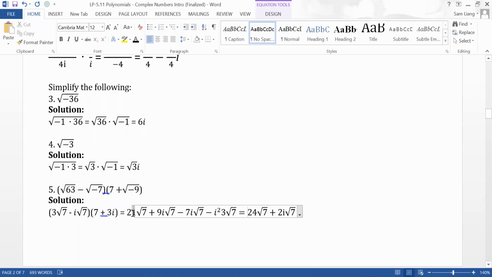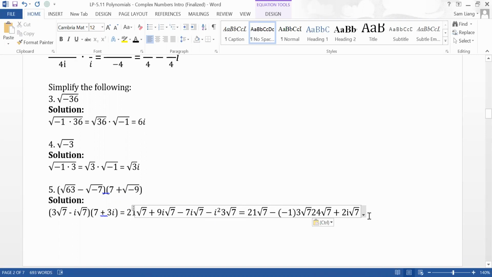Anyways, let me first combine 21 root 7. And then I'm going to combine this part because this is a real part, right? Because negative i squared is going to be negative 1 times 3 root 7.